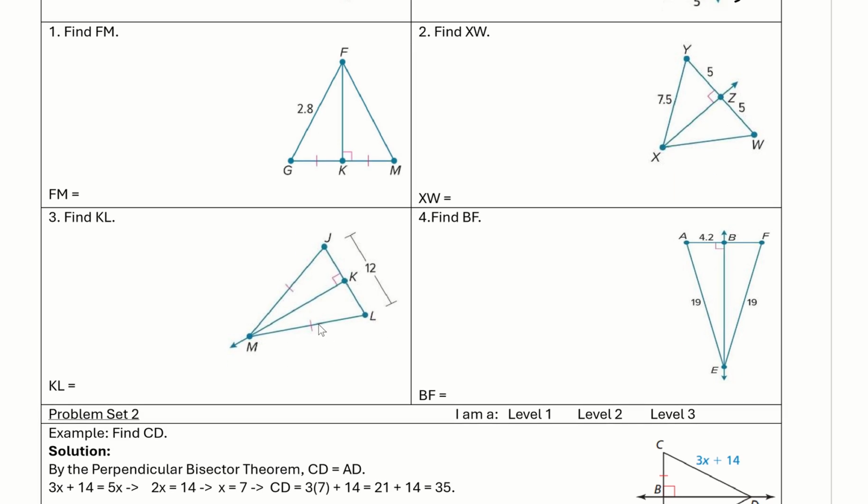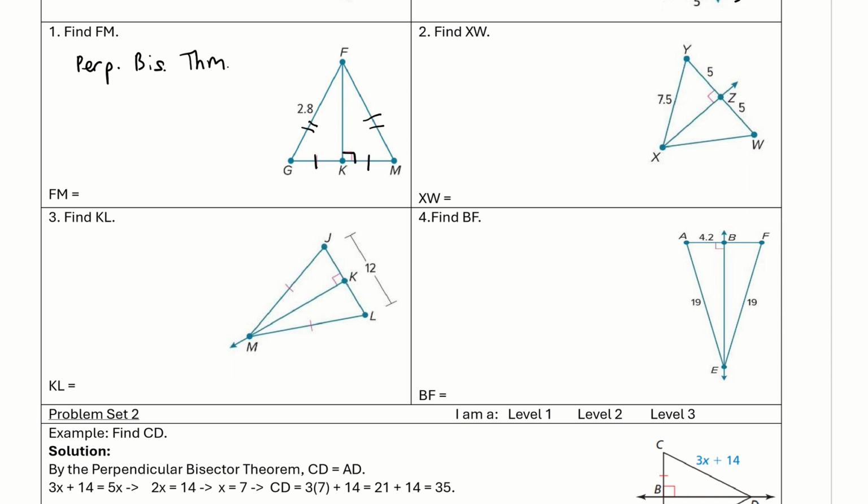Really simple. So here we have that this is a perpendicular bisector because we got a right angle and we got two congruent sides. It cuts it in half. So if those are congruent, then these are congruent. And that's the perpendicular bisector theorem, okay?